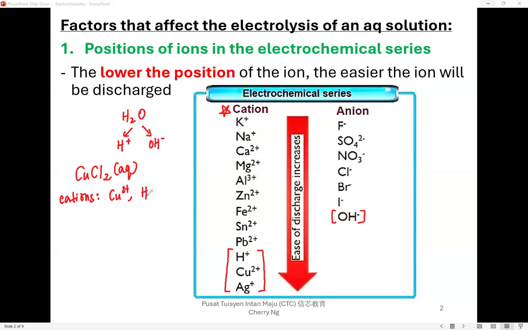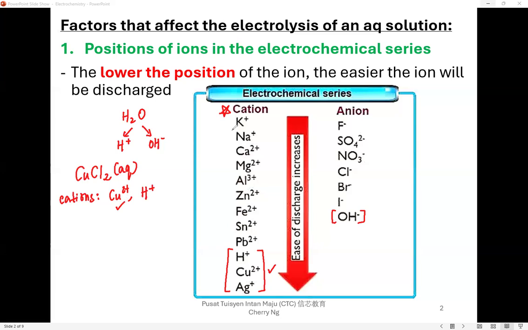So we have H+. Now we have two options, and which ion do you have to discharge? You have to look at the one at the bottom, which is copper, because copper is below hydrogen. So you have to discharge copper 2+. This happens for the cations every time. Every time you look at the one at the lower position.